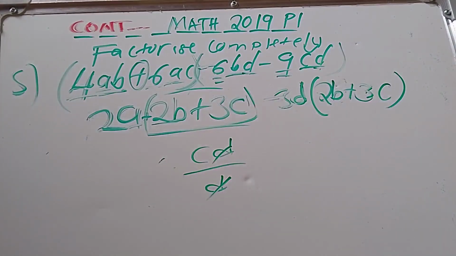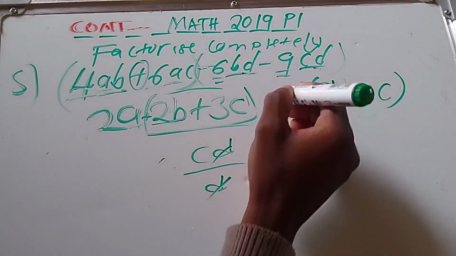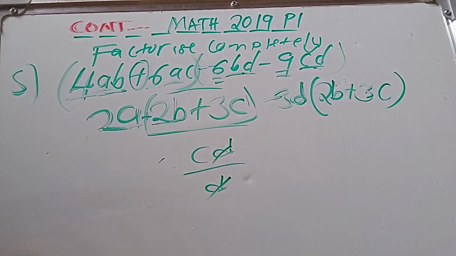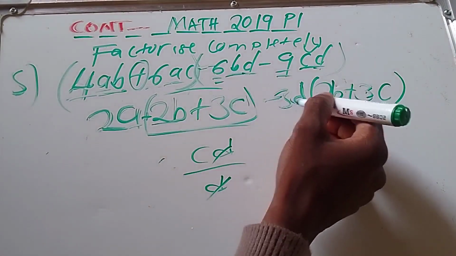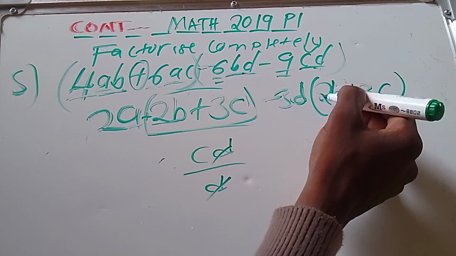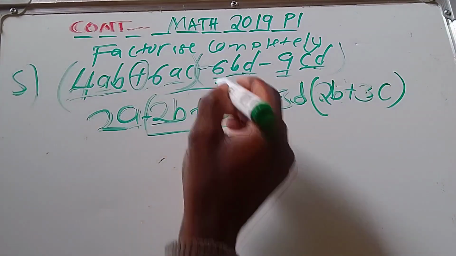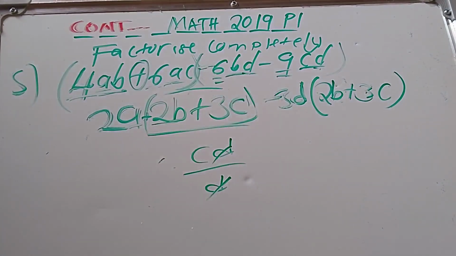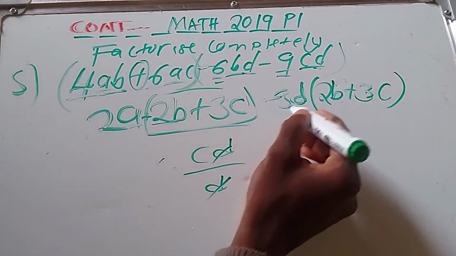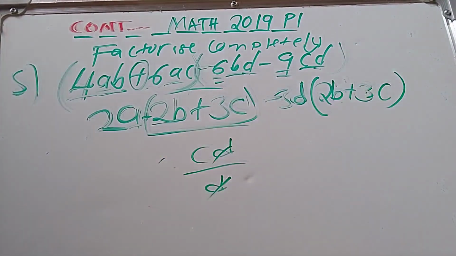And for you to know for sure that what I've written is correct, you need to multiply and see if you get the same things. So negative 3d times positive 2b, we are going to get negative 6bd. Then negative 3d times positive 3c, we have negative 9cd.